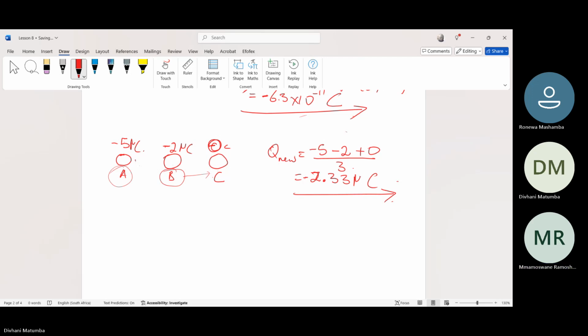Mamswan, do you agree with Ronewa's answer? I don't know. Yes, I think I would agree. The answer is not correct. You cannot predict the movement of charges without computing the Q new, because the Q new will show you how much each sphere will have at the end.